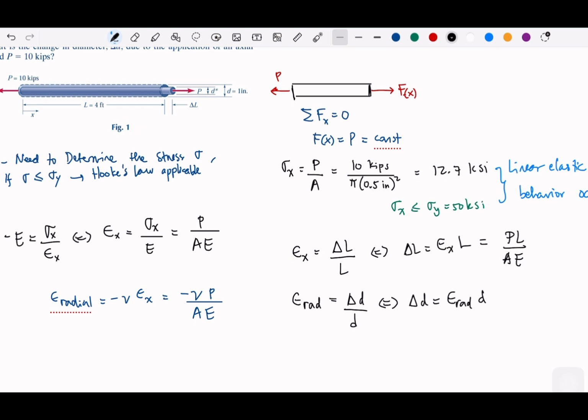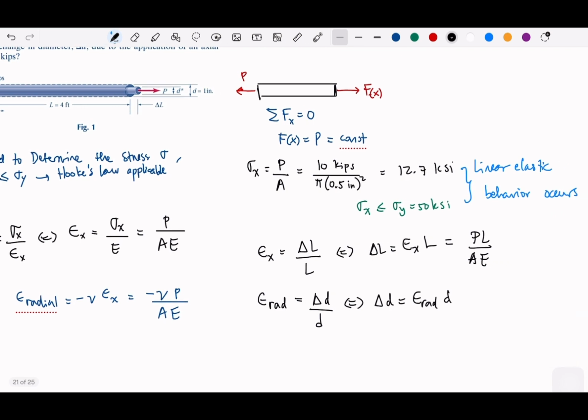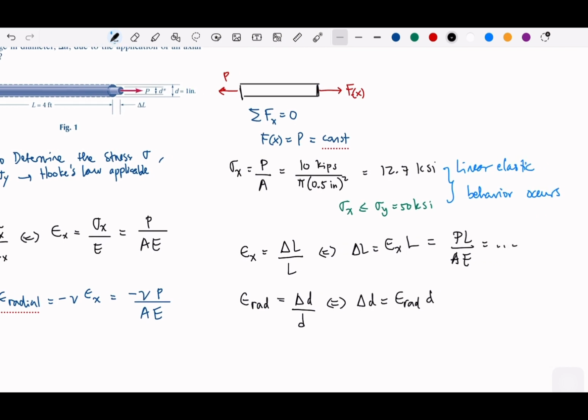This formula we are going to see a lot in the next chapter. This is related to the axial deformation. Okay, PL over AE, it's easy to follow. So we just put the numbers. I think you could just count in all the numbers inside.